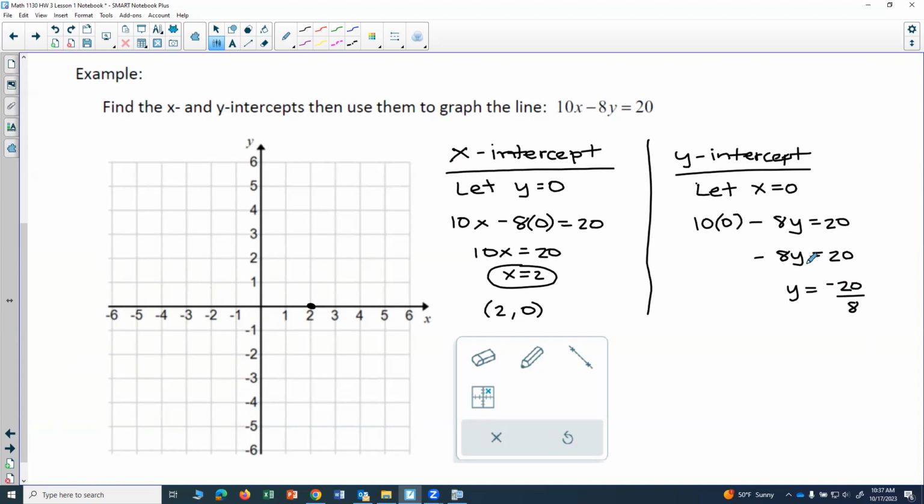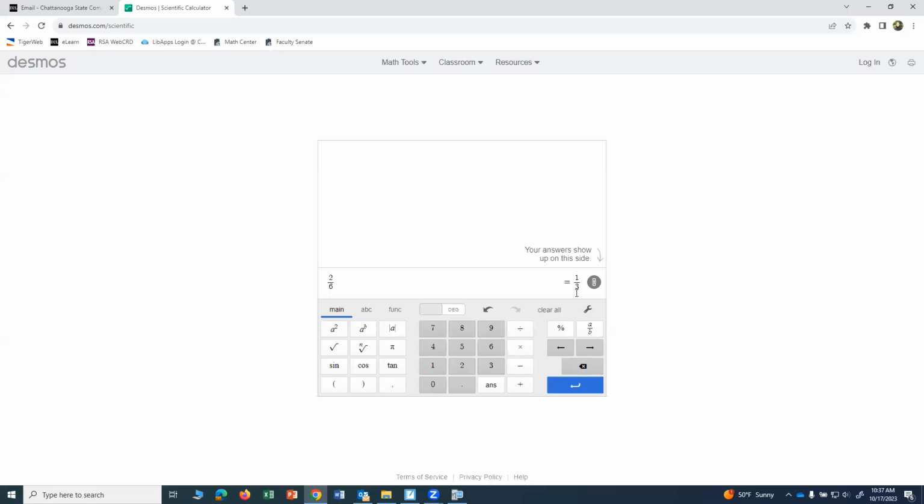I want to simplify that fraction first. Remember, in a previous video I showed you how to simplify a fraction using Desmos. You go to their scientific calculator and put in 20 divided by 8. I get 2.5, so I don't even really need to simplify that fraction.